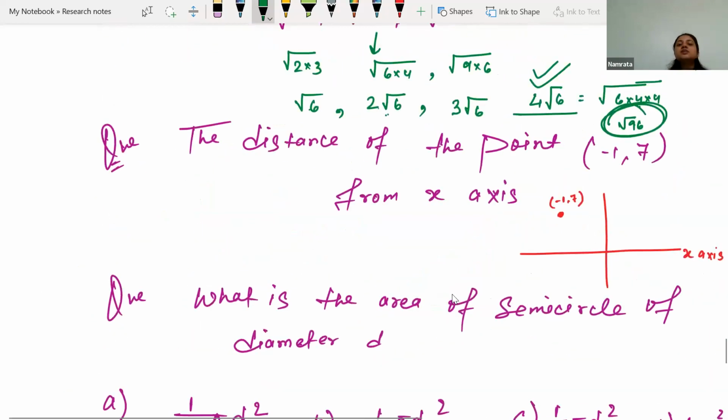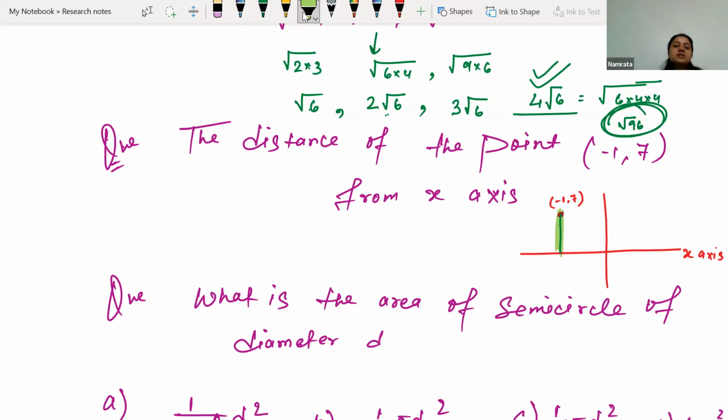So here, if it is asking the distance of this point from the x-axis, we will just drop a perpendicular and check what the distance is. Are you getting the idea what the distance is? I have dropped the perpendicular. 7.